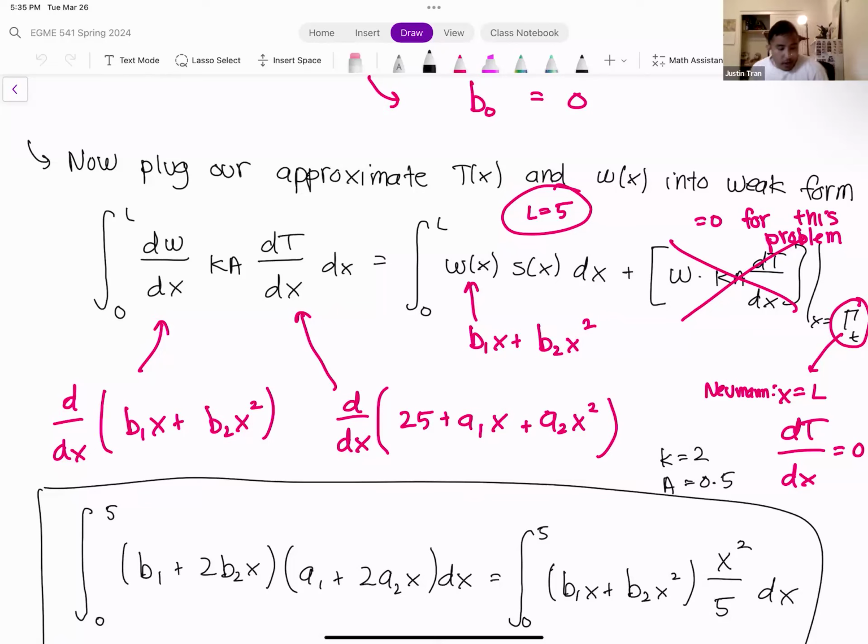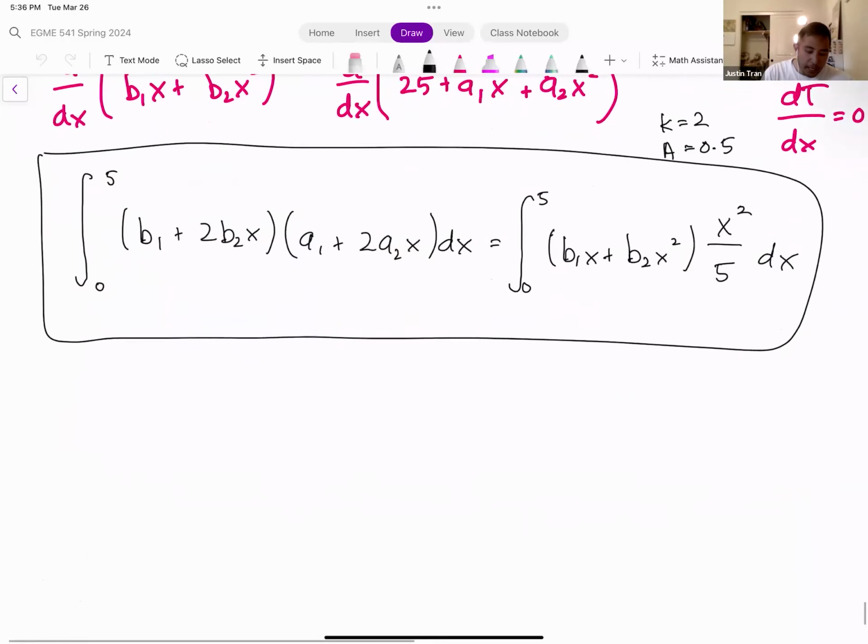We had our first integral from 0 to L of dw/dx times Ka times dT/dx. Inside these derivatives, we were plugging in our expressions for w of x and T of x. And we had our body force term, the integral from 0 to L of w(x) s(x) dx, and we plug in for w of x there as well.